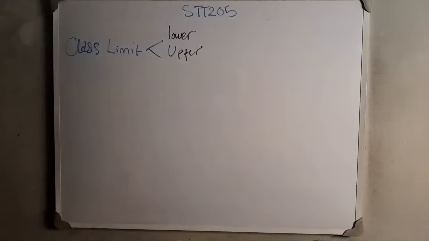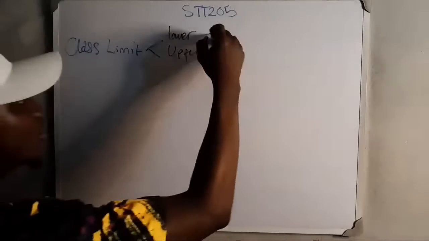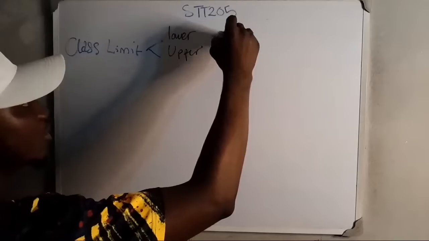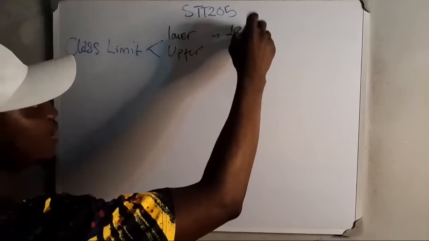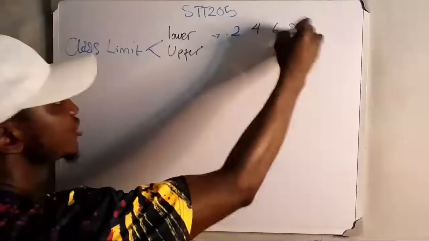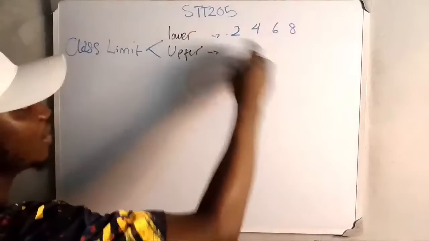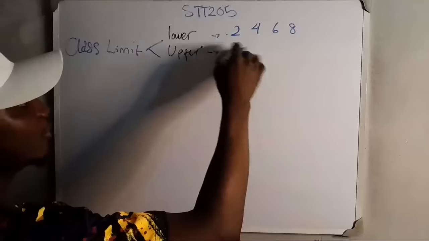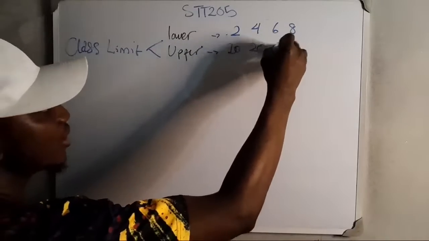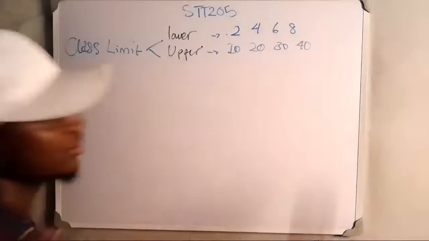So the lower class limits could be 2, 4, 6, 8 for the set of students in this group, and the upper could be 10, 20, 30, and 40.